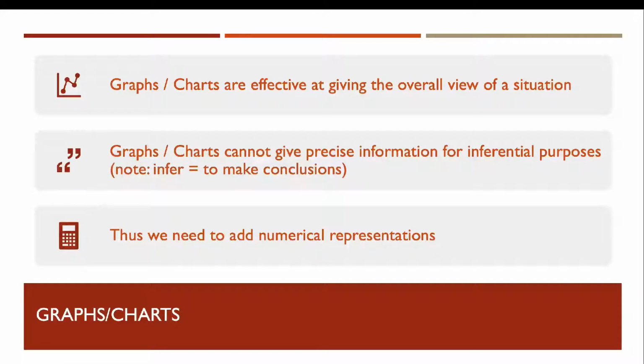As I mentioned earlier, graphs and charts are effective at giving the overall view of a situation, because basically you can see the trends and the dynamics, whether it is going to increase, fluctuate or stagnate. However, graphs and charts cannot give precise information for inferential purposes, meaning to make conclusions. So graphs and charts alone are unable to deliver conclusive information about the data.